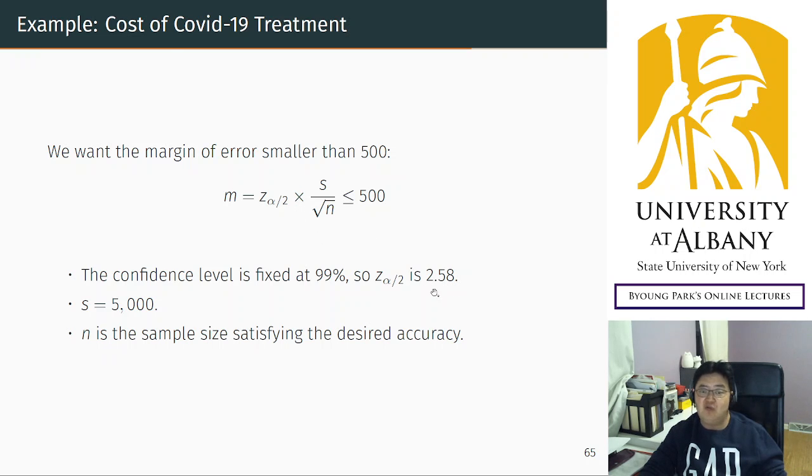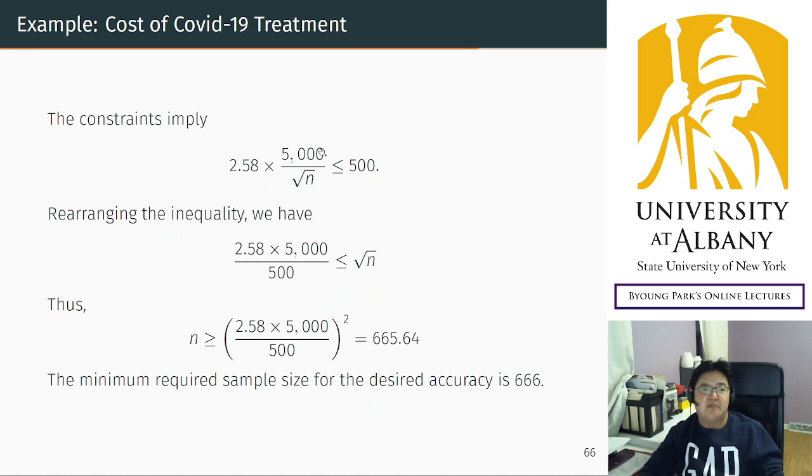We calculated 2.58 earlier, and the standard deviation was also given, 5,000. So we are looking for the minimum sample size that satisfies this inequality given those numbers. And then it's math.